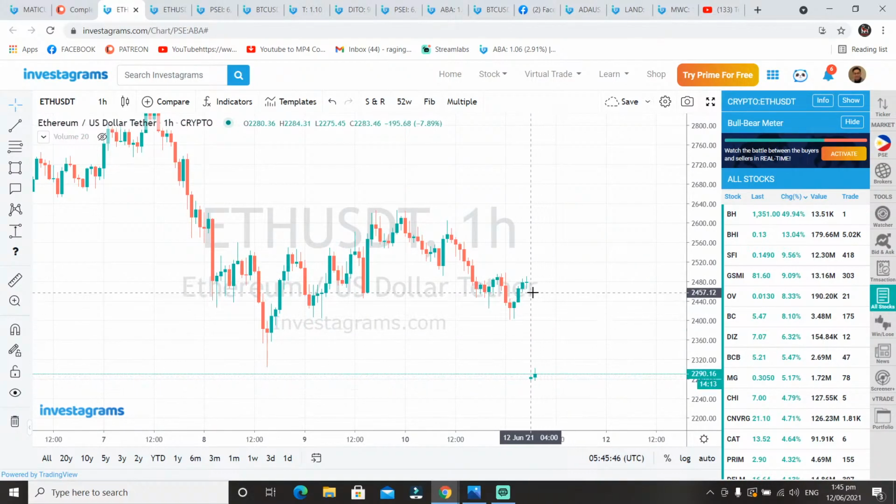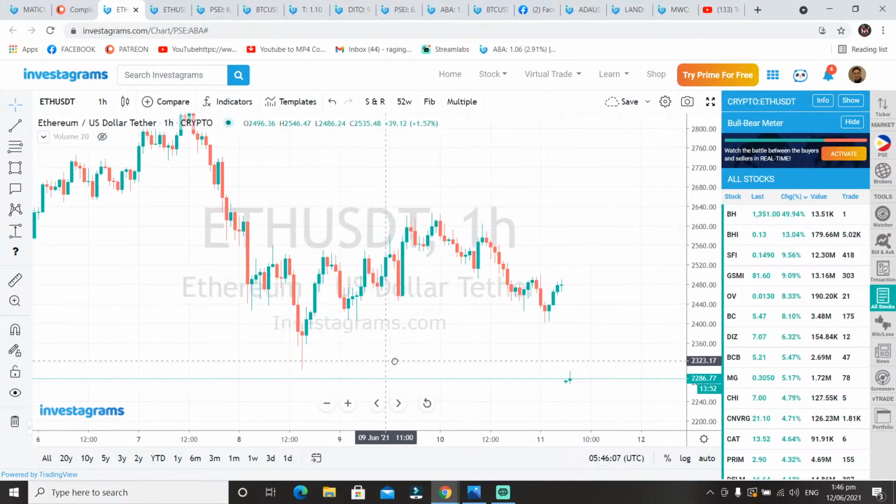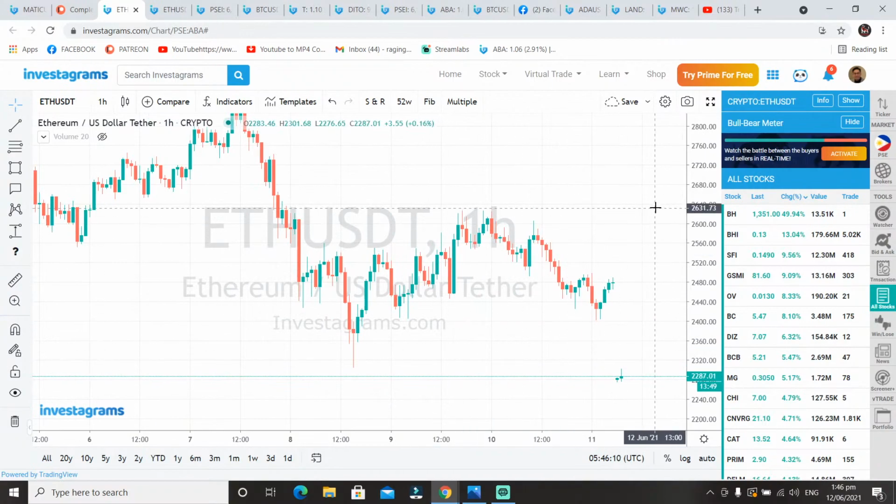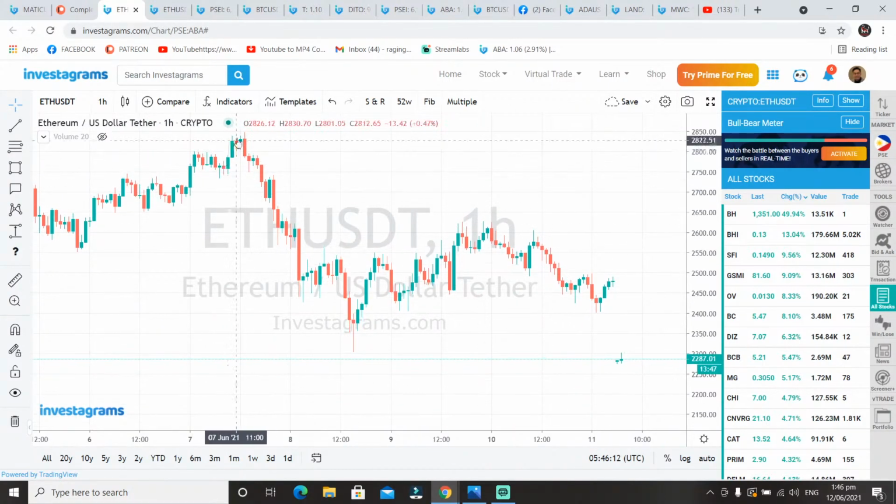Once I update this, you will see the price movement here, because I put my laptop to sleep yesterday, so it only shows the current price. So once I update the time frame, we will see what happened.